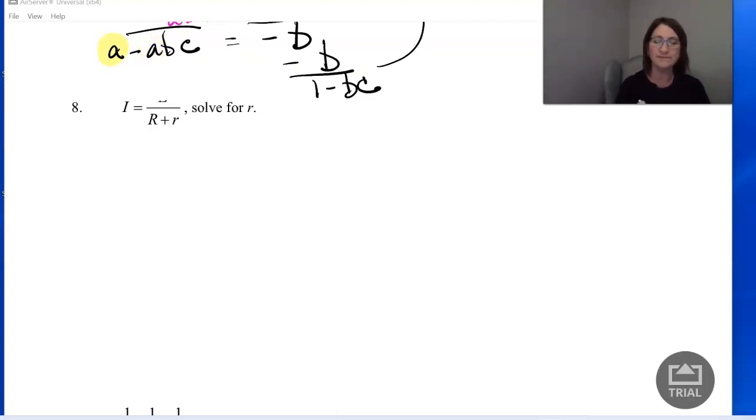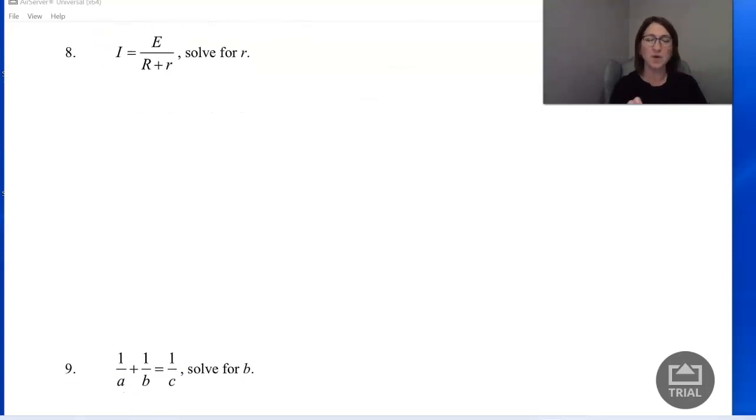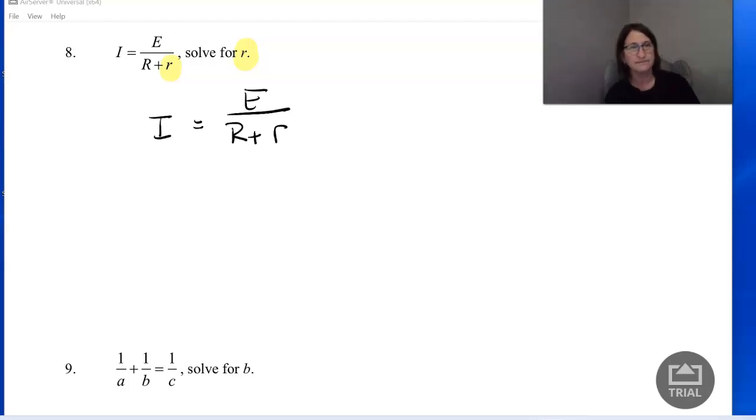Let's make some room here. All right, so this one, we are going to solve for R, and there's R, it's buried. So let's just rewrite this. I equals E over R, big R plus little r.